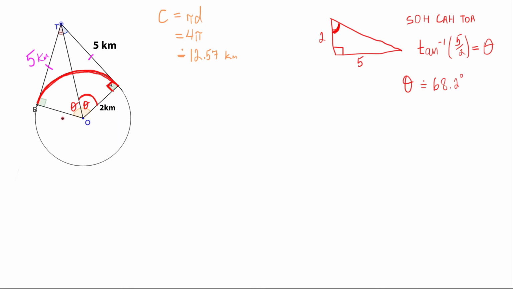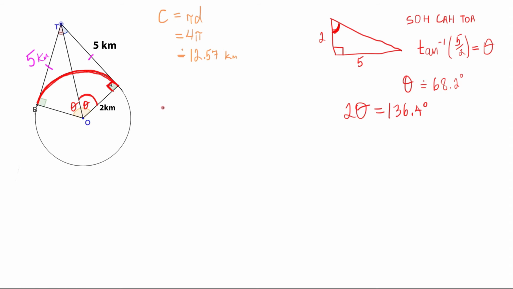And that means that the entire slice is 136.4. So if I say 2 theta would be 136.4 degrees. You could do this in radians as well, 100%. I chose to do it in degrees. Well, we know that a full circle is 360 degrees.